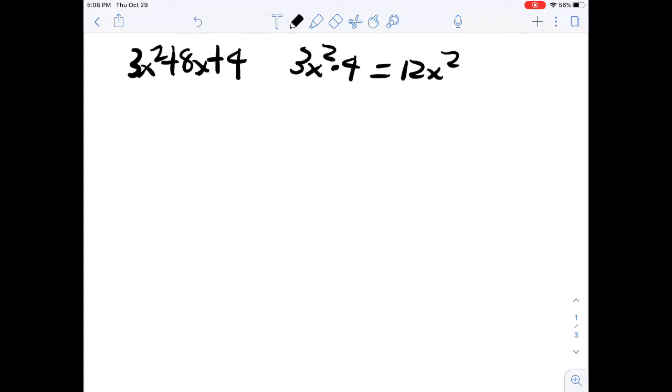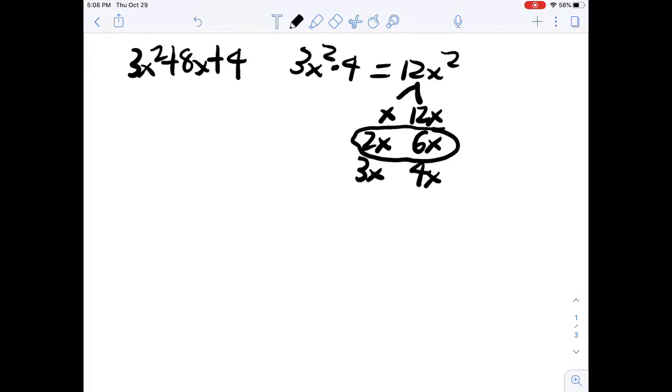So the factors of 12x squared are x and 12x, 2x and 6x, and 3x and 4x. We know that 2x plus 6x equals 8x, so we're going to use these two terms.